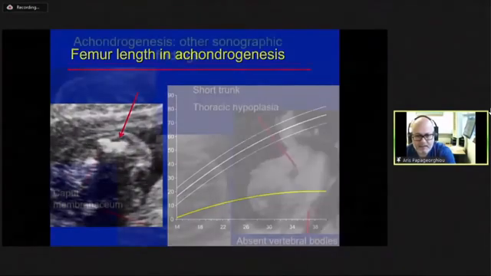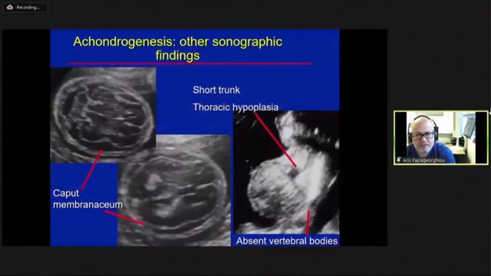And it can be difficult to tell the two conditions apart, but there are some sonographic findings that may give you the clues. And one of them is this finding in the head here from the second trimester scan of caput membranaceum. In other words, the skull is made of a membrane rather than of bone.